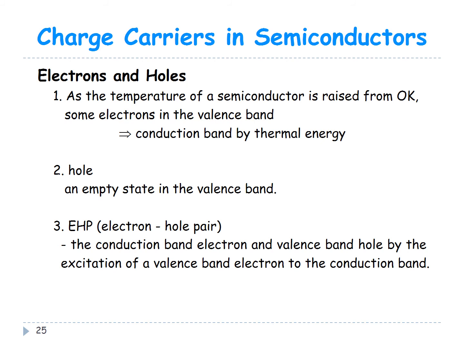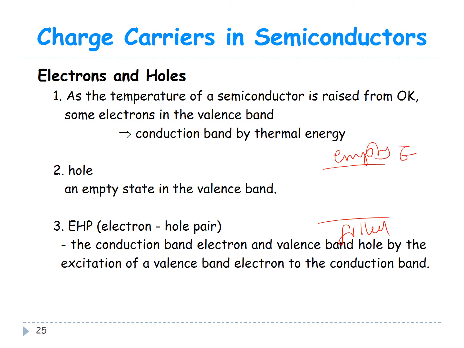Okay, so now let's understand more deeply what we mean by electrons and holes. So these are the charge carriers in semiconductors. We have electrons and holes. So you remember that we said at 0 kelvins, you've got a filled valence band and an empty conduction band.